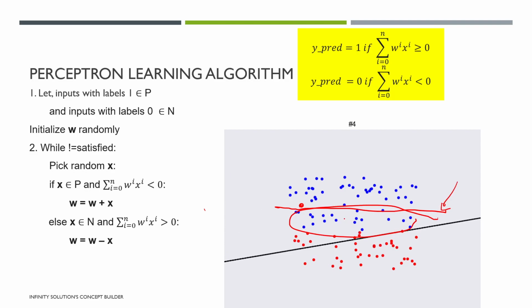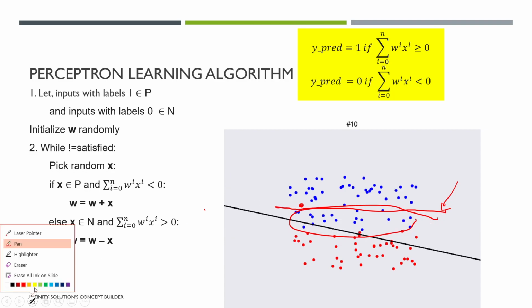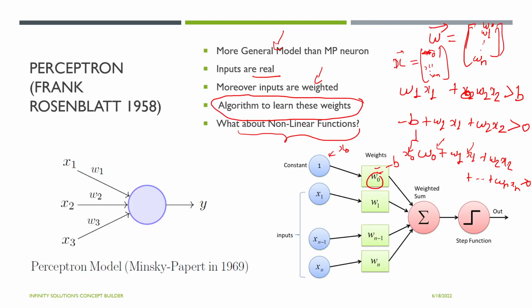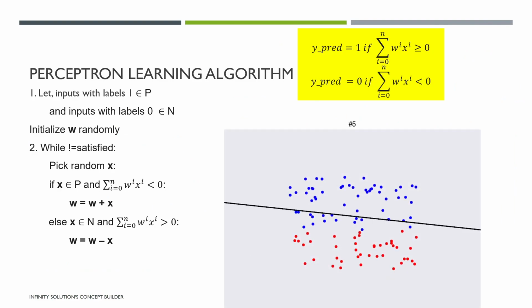So the conclusion is that the perceptron learning algorithm, or the perceptron, works only when the data is linearly separable. So the question was, what about non-linear functions here? The answer is, we can't separate non-linearly separable data using a single perceptron.